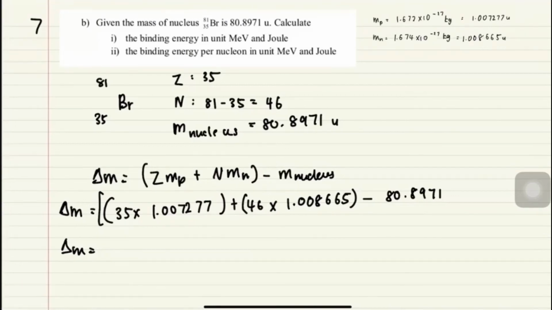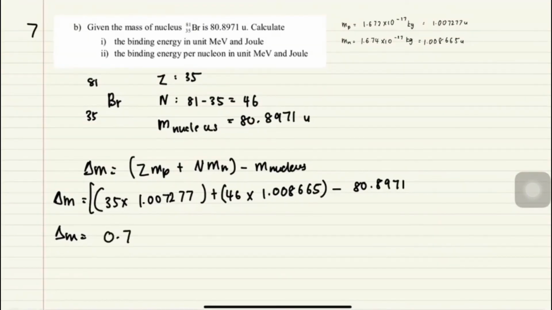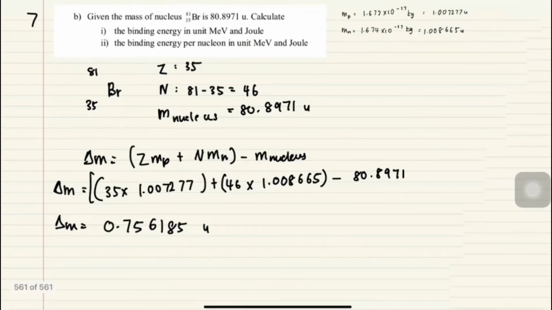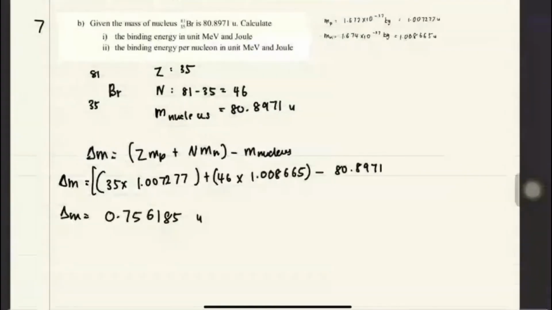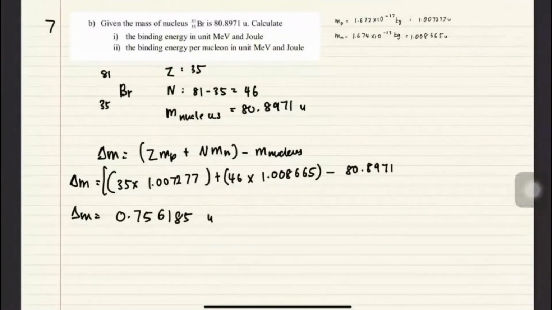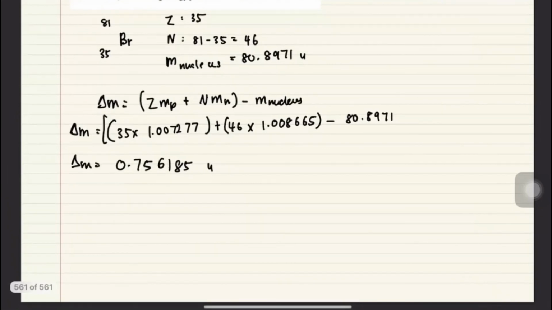So here is 0.756185. Sama ke tak? Sama. Okay. Chapter ni je yang saya suggest kamu tak round off bila kamu tulis. So bila kamu tulis tu, tulislah sebanyak yang boleh. Tapi kalau banyak sangat tak payahlah. Ini macam dalam 6 nombor ni masih okey lagi.